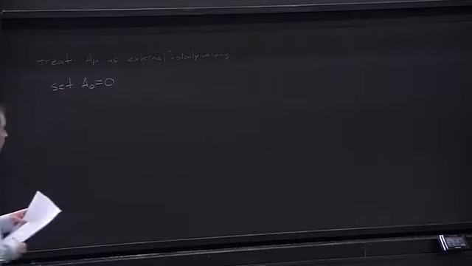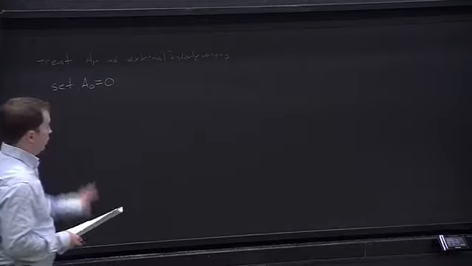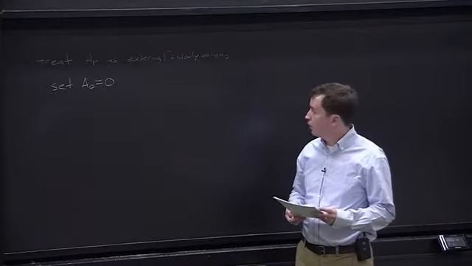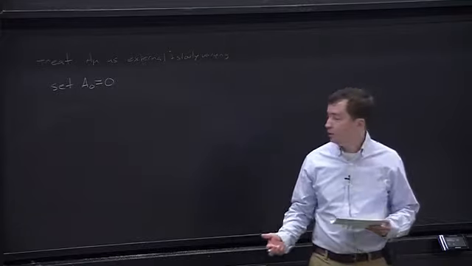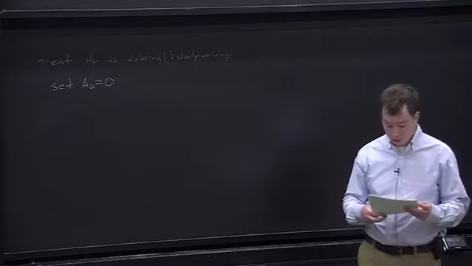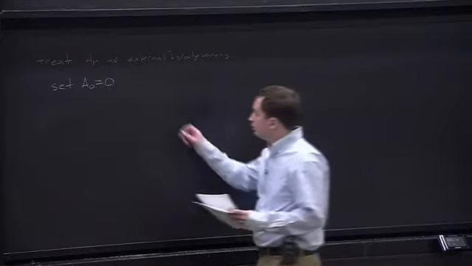The reason is that A0 is responsible for the Coulomb interaction, so it controls the interactions between the fermions. We want to work in the limit where the interactions are weak, eL is much less than 1, so its effect will be subleading.